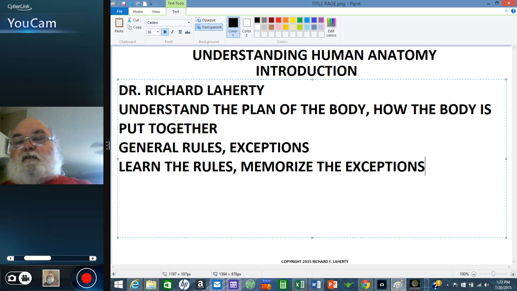Now, an example of this process. If you look at the arm and forearm, the arm is shoulder to elbow, the forearm is elbow to wrist. We can divide the arm and forearm, each region, into an anterior compartment and a posterior compartment.